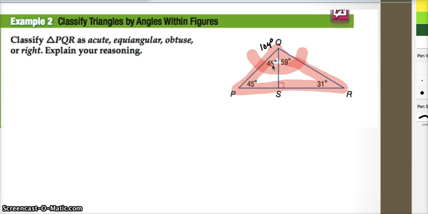Adding these two angles together, we get that angle PQR is 104 degrees. And so we clearly recognize that we have an obtuse triangle here in triangle PQR.